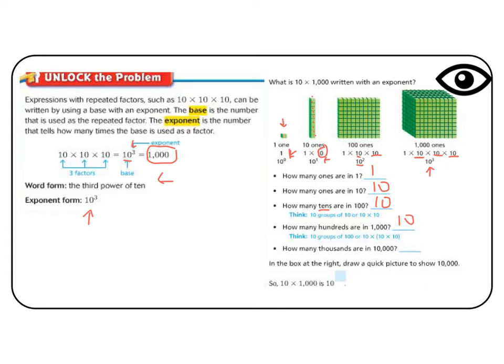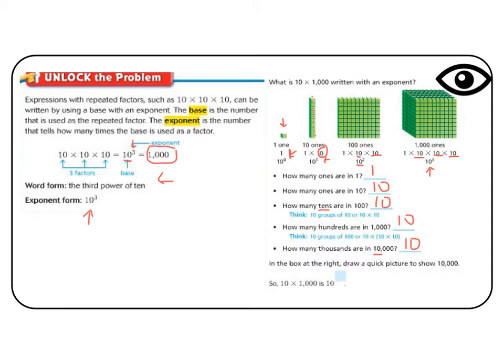1,000. So how many thousands would be in 10,000? Well, the answer kind of tells us right there. There are 10 thousands in 10,000. So if we think 10 times 1,000, so that would be 1,000 times 10, so 1,000, 2,000, 3,000, 4,000, 5,000.